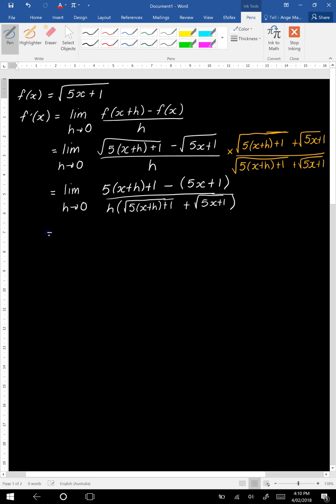And hopefully you will know that you have done this right, fingers crossed, once we expand the top line. Remember, the test is that anything that doesn't have an h should disappear.